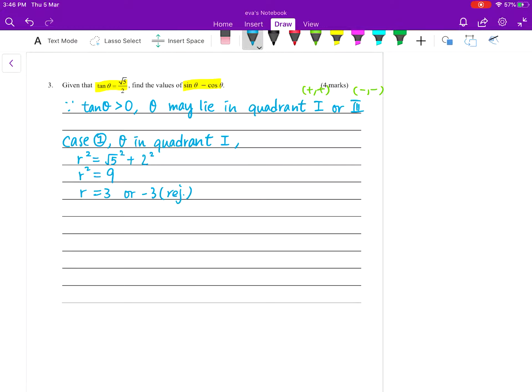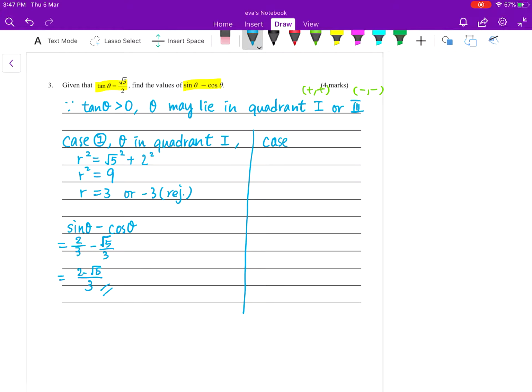As we know, r is always positive, so r is 3. In this case, sine theta minus cosine theta: sine theta is y over r, which is 2 over 3, minus square root 5 over 3. You can combine them together. This is the first part of the answer.